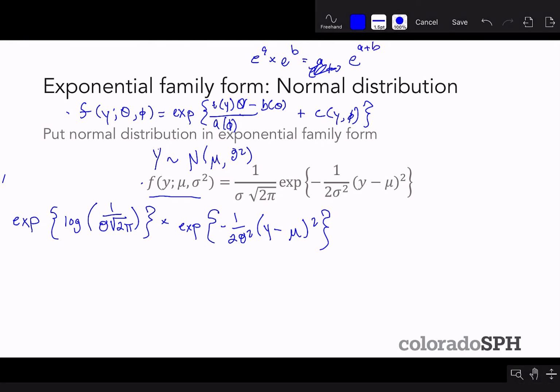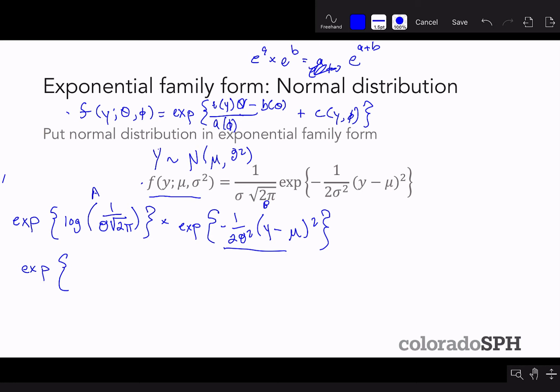So I'm going to use that rule here, and if you consider that part a and that part b, I'm going to put these two terms together to get e to the, and I'm going to move this part to the first half because that's going to be what makes up our function of y and theta.